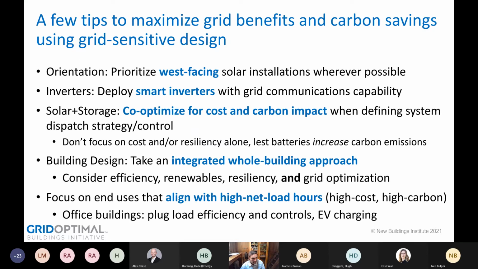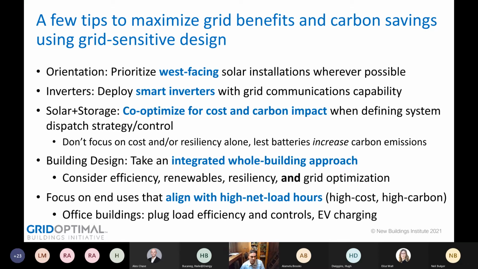That battery may not be, in fact, delivering either cost or carbon savings if it's not dispatched to do so. But it probably could deliver both cost and carbon benefits if it were carefully dispatched with a focus on achieving both of those objectives. So considering these multiple objectives of the systems is really important.